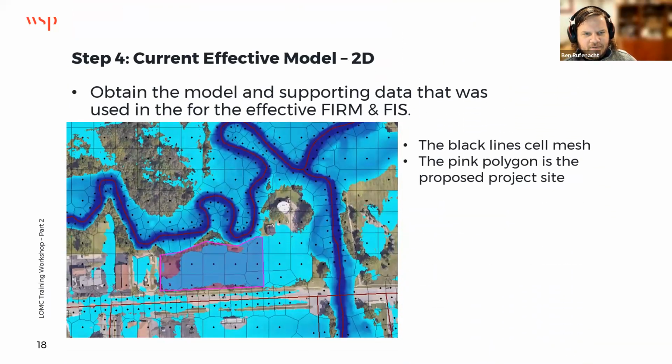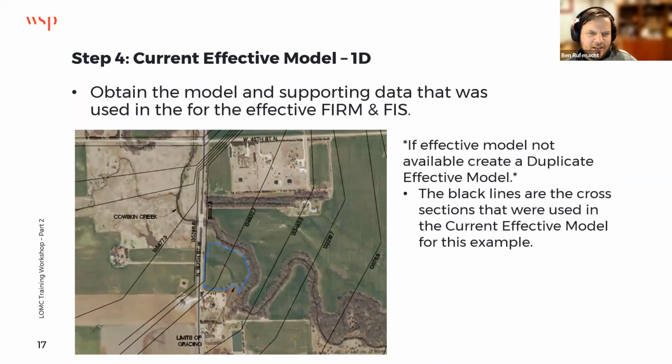And then in the case of a 2D model, this is going to look a lot different. So if our study location is this pink area, then instead of having that list of cross sections, we just have a 2D mesh. So depending on the type of model you get, you may have no model where you have to generate a duplicate effective.